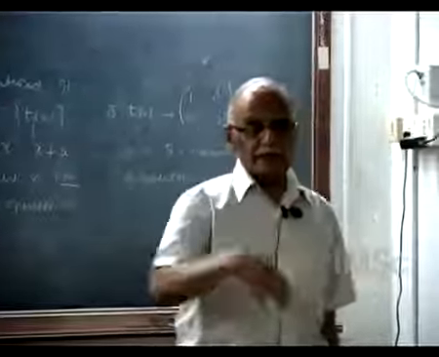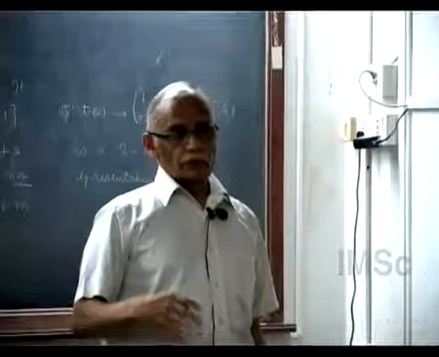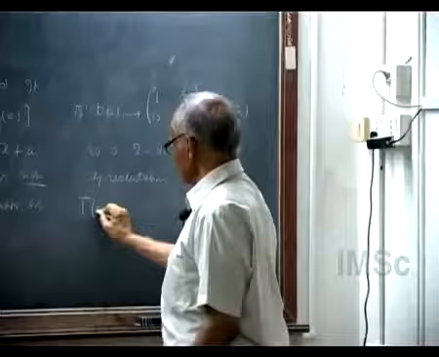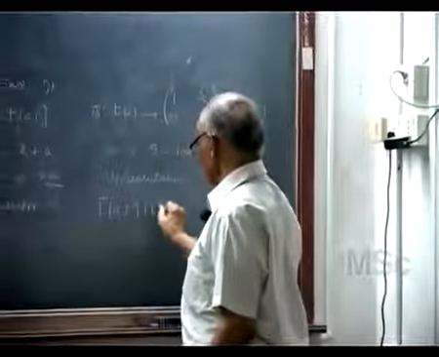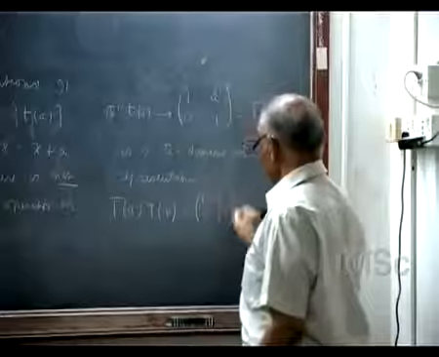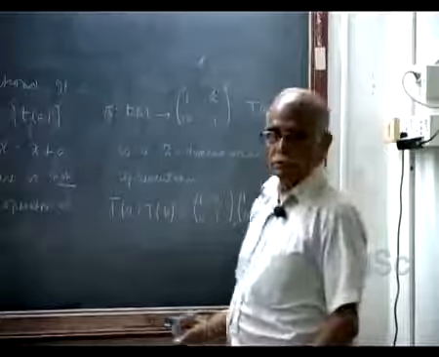So when you make a unitary representation, let me finish this statement. So TA TB is the matrix (1 A; 0 1) times (1 B; 0 1).